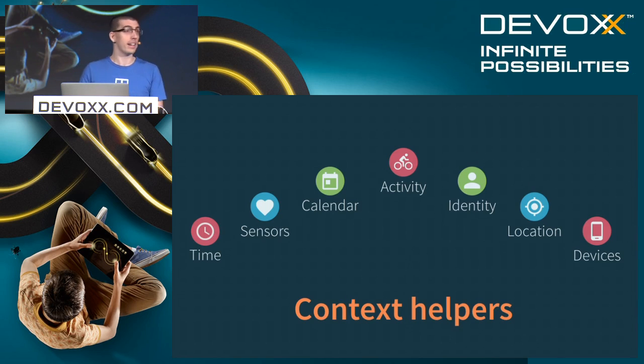You can also use the location of the user, which is quite easy to do. You just have to get the location and present some information based on it. And you can even know about nearby devices and adapt the information based on them.